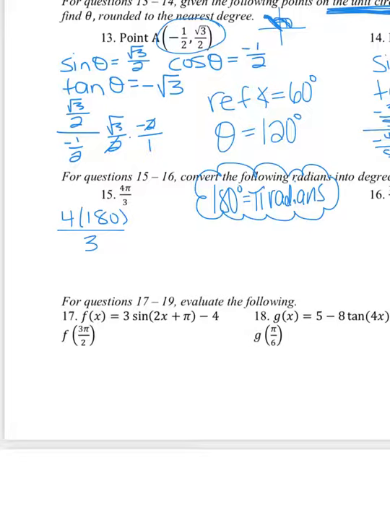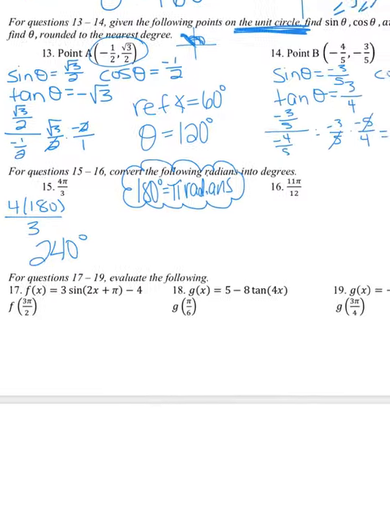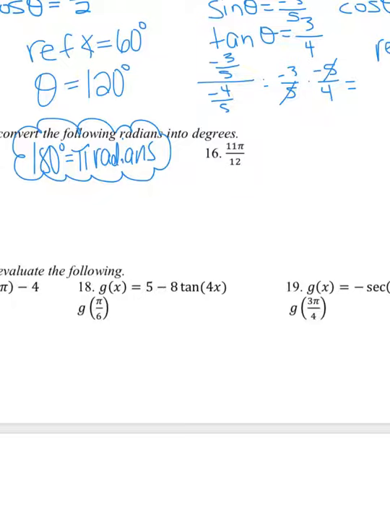And then when I clean this up, I do it right in my calculator. I find that 4 pi over 3 is 240 degrees. Number 16, same idea. Replace the pi symbol with 180 degrees, because pi radians is 180 degrees. And then I could type it right into my calculator, and this is 165 degrees.